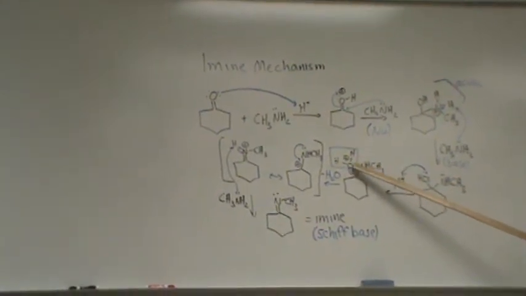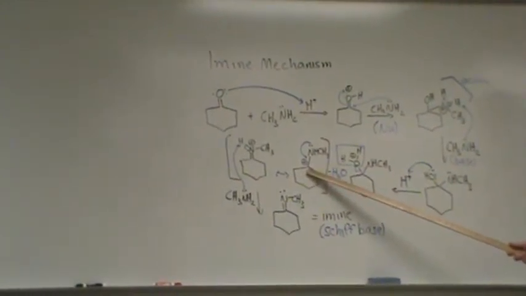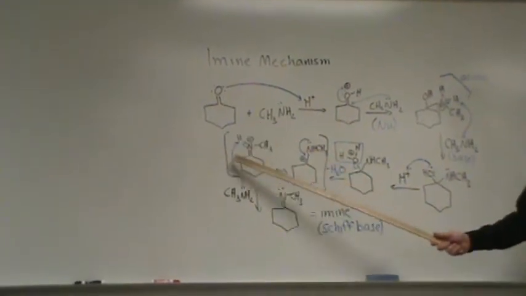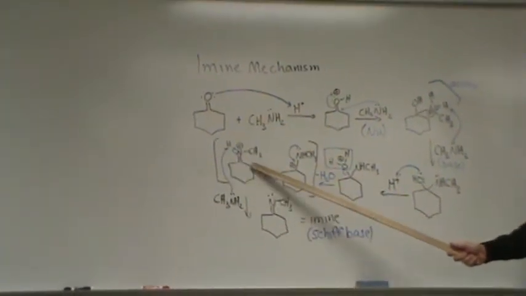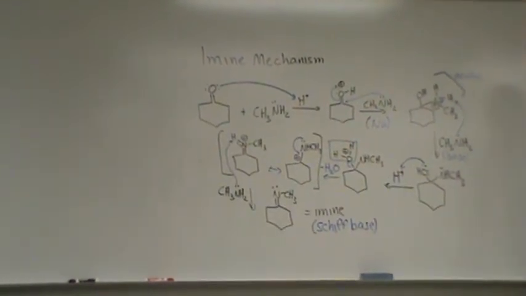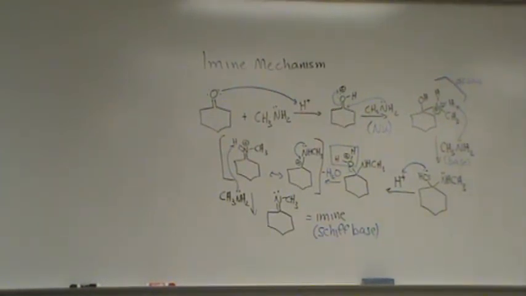So it leaves. That gives me the carbocation here, which is resonance stabilized. So the only thing new is that we use this resonance structure, and so remove that acidic hydrogen there. Any questions on that mechanism?